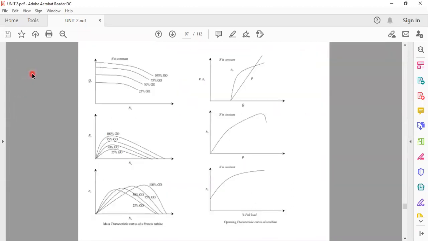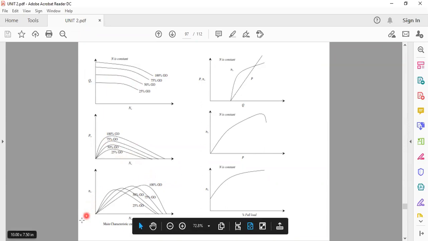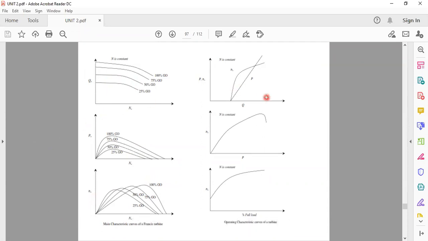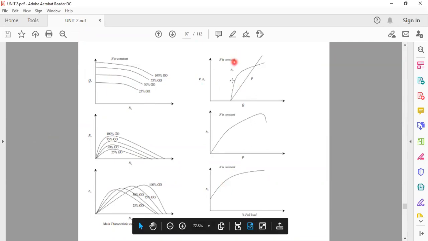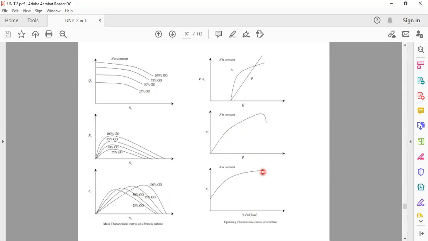These are various characteristic curves: unit discharge versus unit speed, unit power versus unit speed, unit efficiency versus unit speed. Main characteristic curves. This is power versus discharge. This is unit head versus power and unit head versus full load.